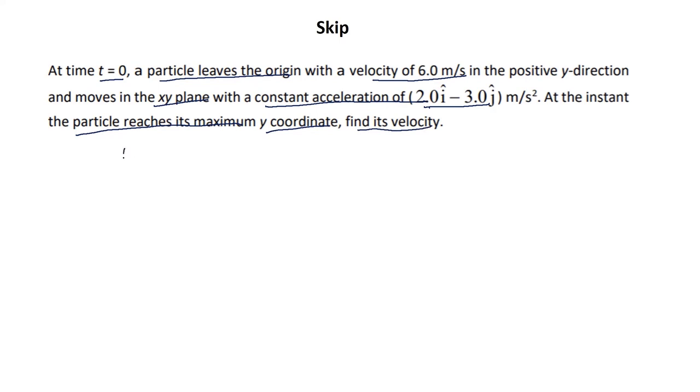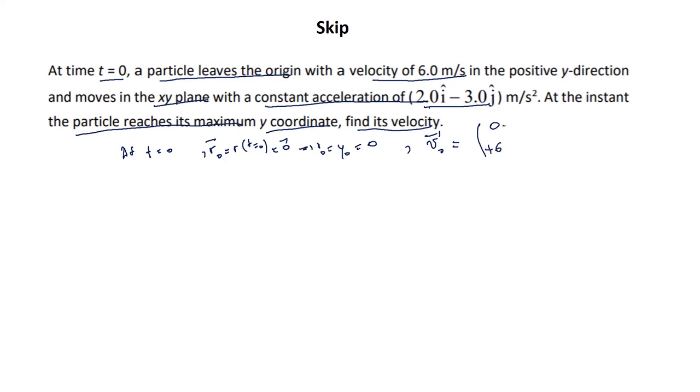So at t equals 0 here, the particle is at the origin. So r0, which is r at t equals 0, is equal to 0. That means x0 and y0 are equal to 0. I start exactly at the origin. Now, what is my initial velocity? v0 is 0 along x and plus 6 meters per second along the y direction.